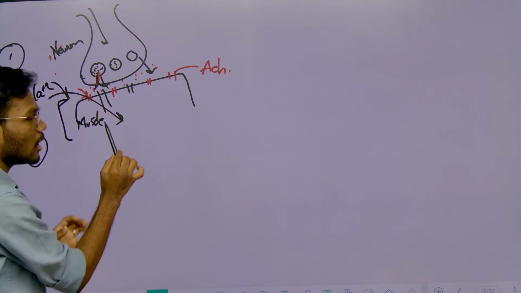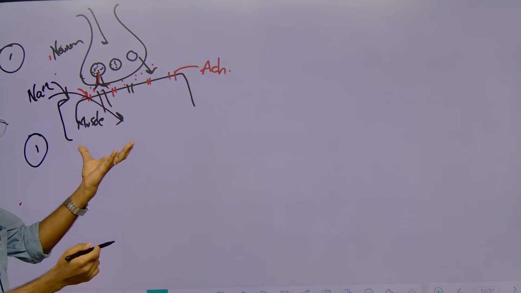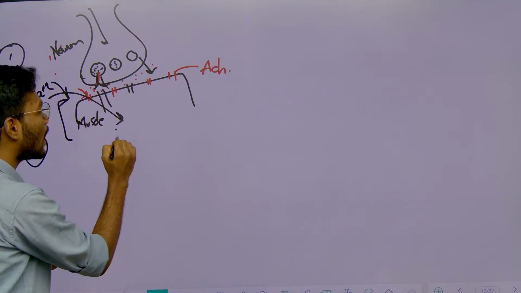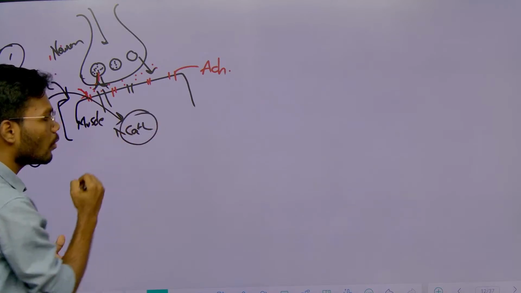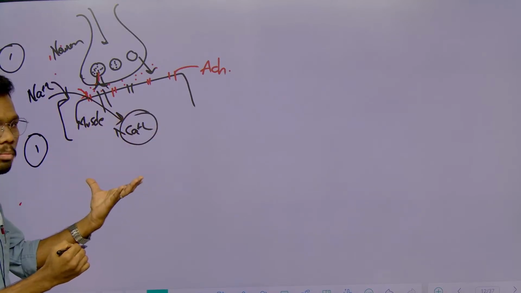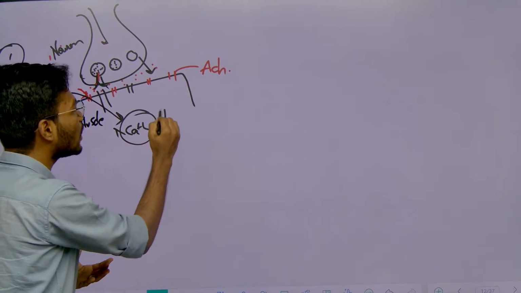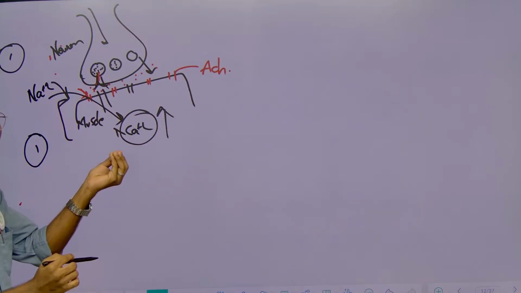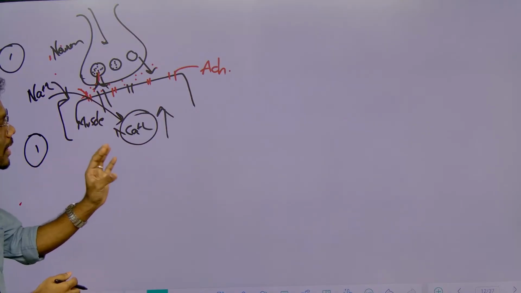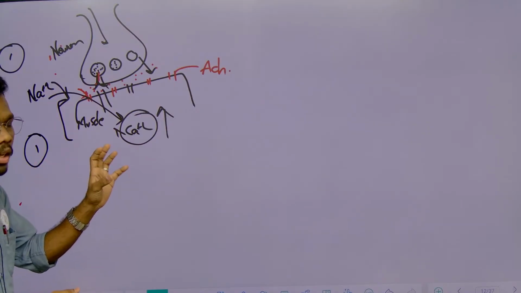Then at the end of this reaction, the calcium present in the cytoplasm of the muscle will be increased. The level of calcium will be increased in the muscle. Whenever the calcium is increased, then what happens?